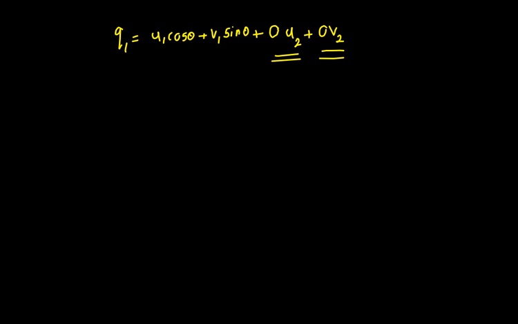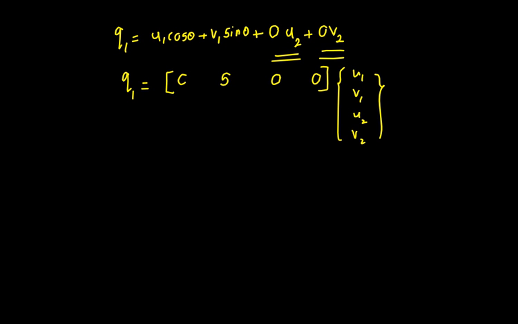You can write the first equation in the form of a matrix. Very simple. How do you write that? Well, what is the coefficient of U1? It's cos theta. What is the coefficient of V1? It's sine theta. What is the coefficient of U2? It's 0. What is the coefficient of V2? It's 0. All right. Followed by U1, V1, U2, V2.